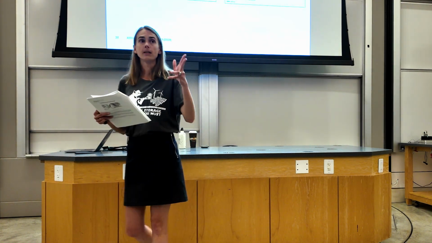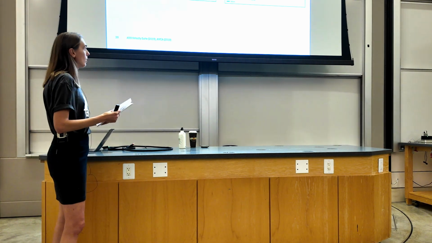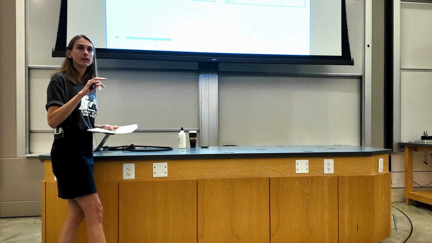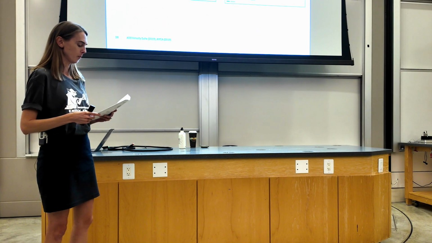All right, we talked about site selection and the importance of access to the grid. Another important factor when choosing your site is availability of transmission capacity to transport electricity generated to the sources of demand. As a renewable energy project developer, you might look for several things.